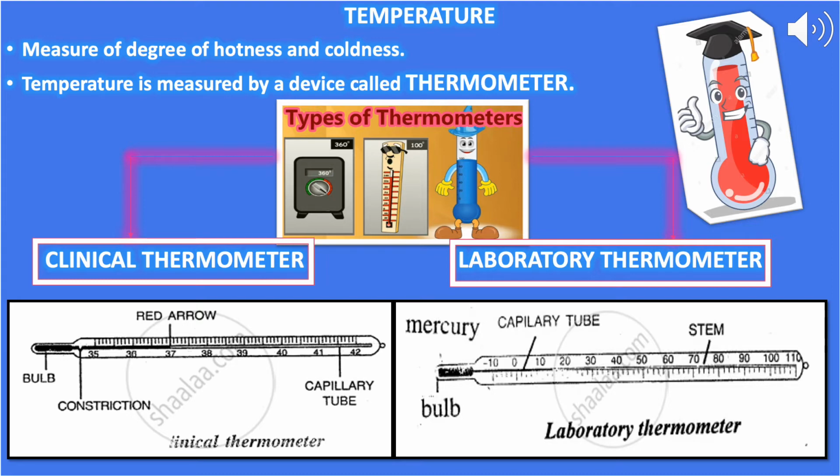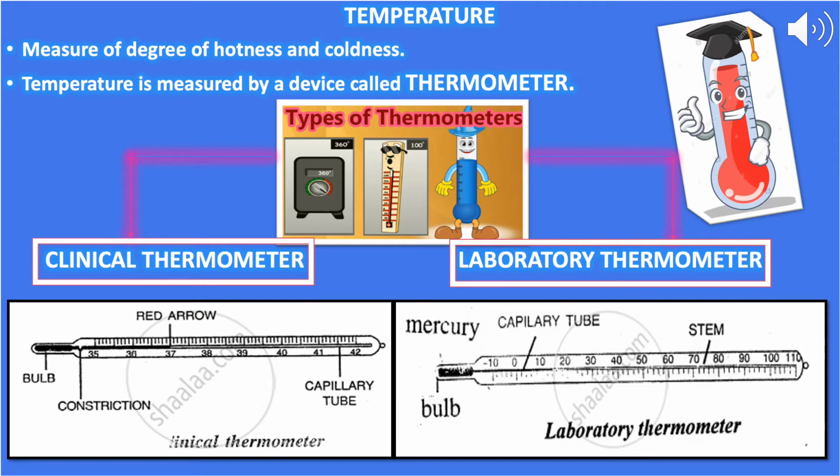That thermometer must be washed properly with some antiseptic before using it. The second thing is it should be used very carefully because it contains mercury, and mercury is poisonous. And third thing is, while giving jerks, one should take care that it shouldn't hit any object in the surrounding.